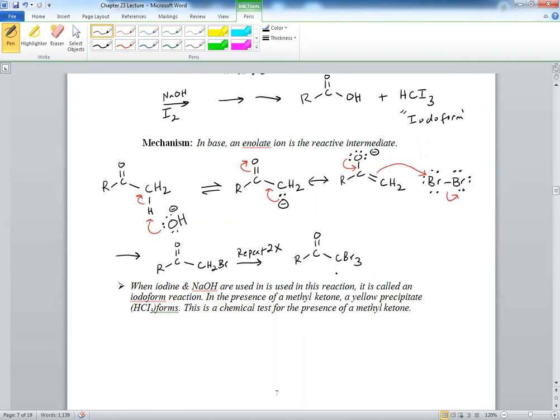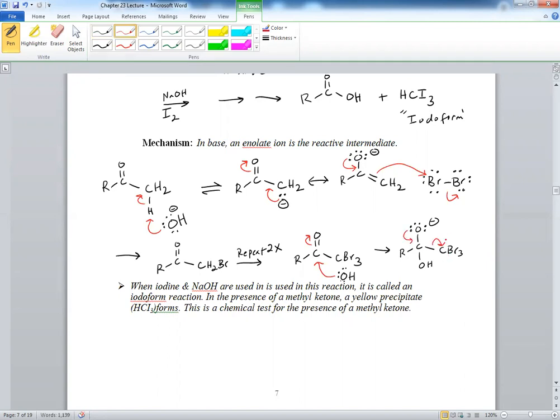Now, when you get to this point, the OH is going to attack the carbonyl. And the electrons, remember, are going to come down, and this is kicked out.